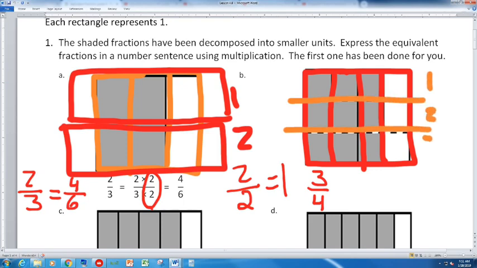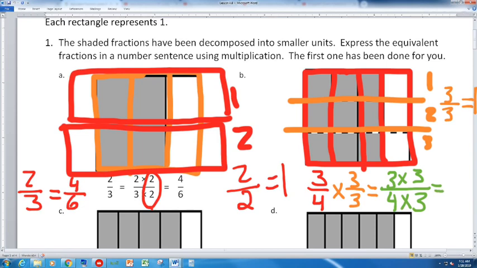1, 2, 3. So what we're really going to be doing is multiplying 3 over 4 by 3 over 3. And don't forget, 3 over 3 equals 1. Okay? So we're actually multiplying by 1. So this is really saying, when we simplify it, 3 times 3, because we multiply straight across, over 4 times 3.